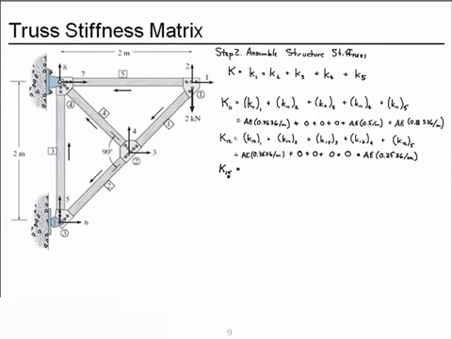So let me jump to 1, 5, which is the force generated at degree of freedom 1 due to deformation in degree of freedom 5. And so again, it's the contribution from each of the members added up.